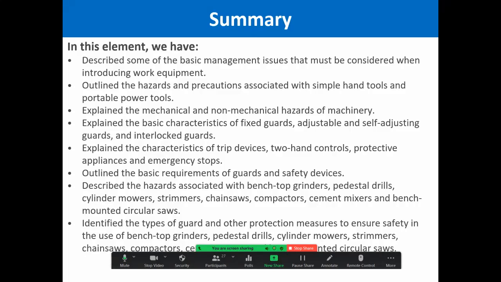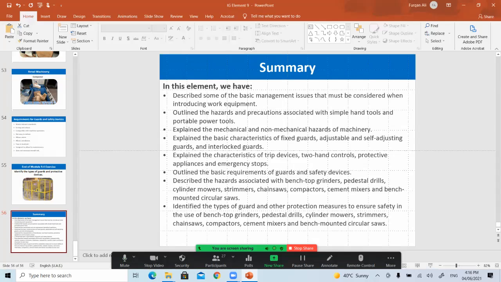We explained the characteristics of trip devices, two-hand controls, and protective appliances. We also outlined the basic requirements of guards and safety devices. We discussed the hazards associated with bench top grinder and pedestal drill, etc. We identified types of guards and other protection devices as well. Okay, that's the end of element number 9.